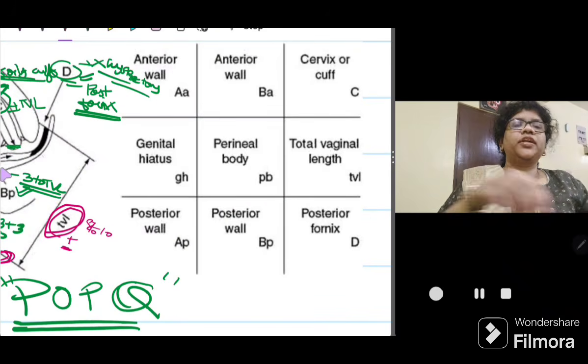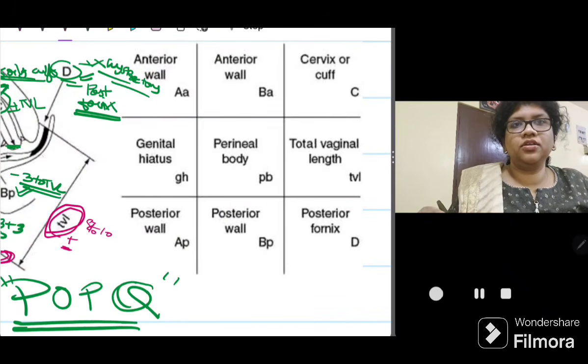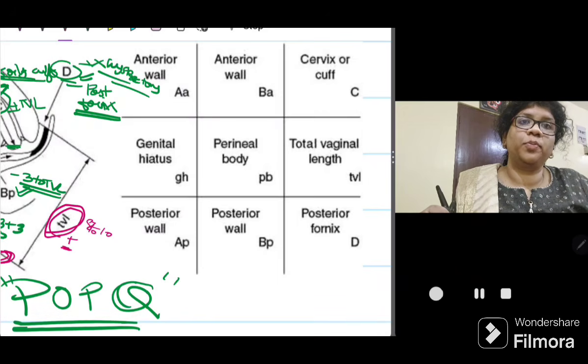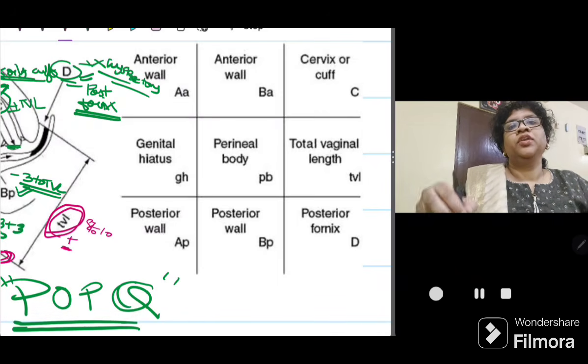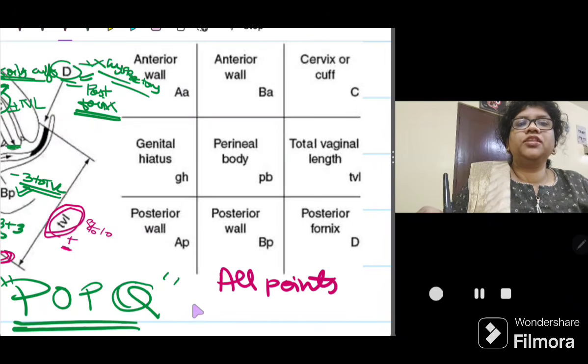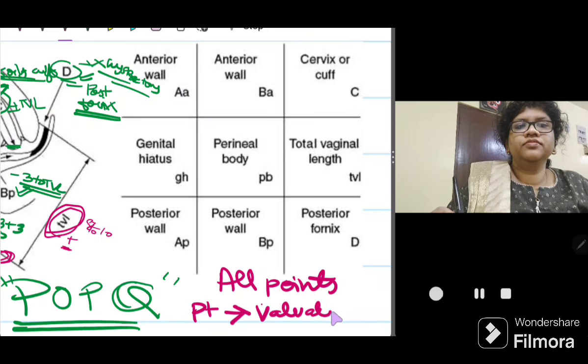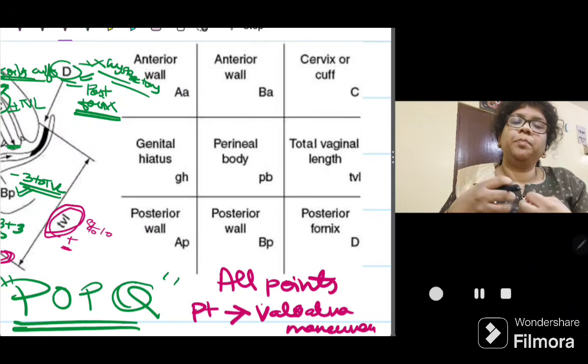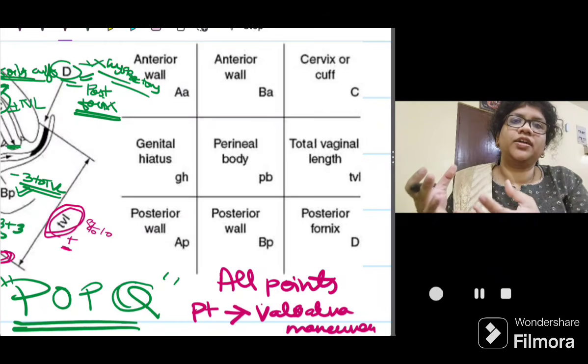One more important point that I want you to remember is that when you are examining a patient with prolapse and you are going to do POPQ grading, all the points are measured with the patient doing the Valsalva maneuver. That means everything has to be done when the patient has completely brought the prolapse out.